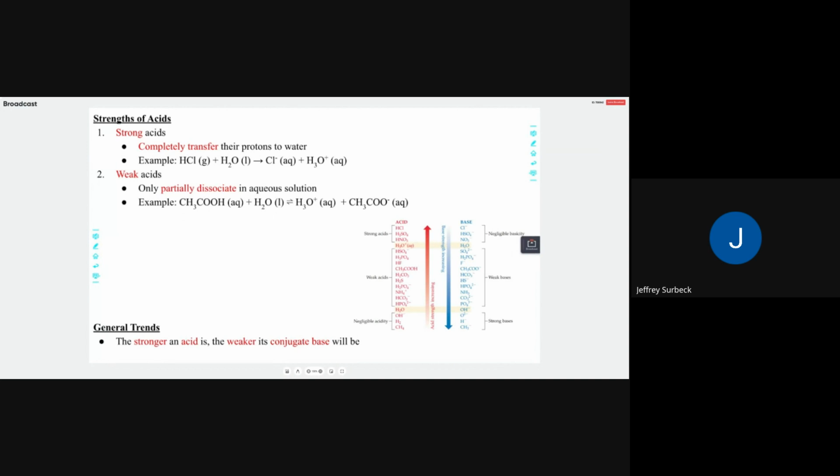But if you have a strong acid or base, it says we completely transfer. What we call this is that 100% of the H's ionize. Or simply put, every single one of the H's connected to the Cl breaks off and forms H plus or H3O plus. That means we separate completely from Cl minus.